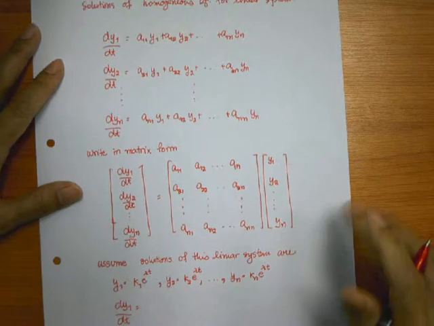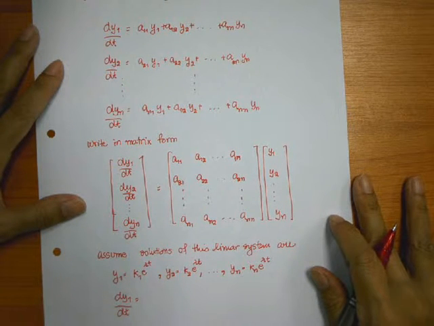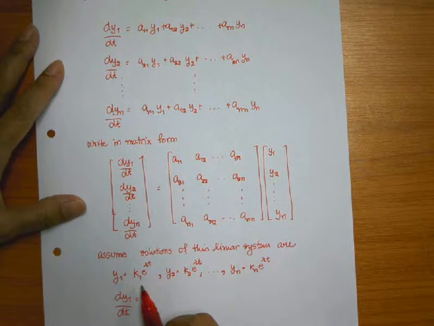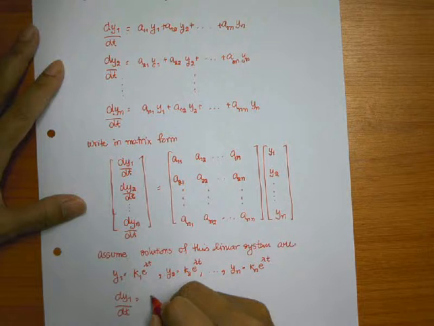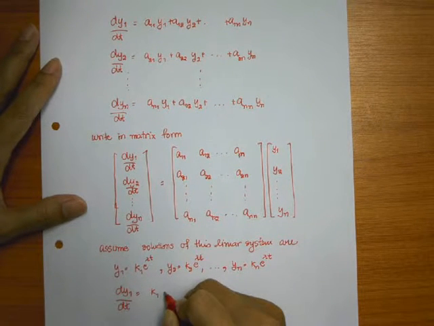k1, k2, k3 until kn are constants. So the first derivative of y1 is equal to k1 times lambda times exponential of lambda t.